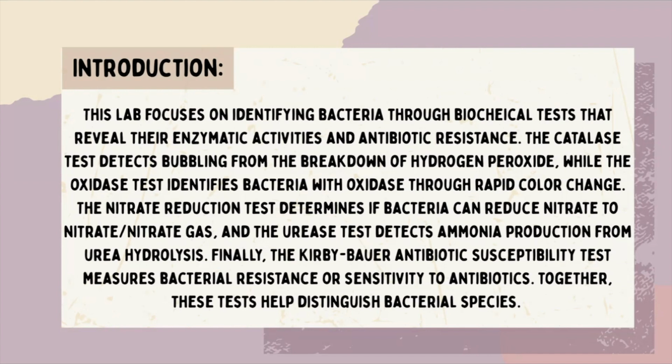The nitrate reduction test determines if bacteria can reduce nitrate to nitrite or nitrogen gas, and the urease test detects ammonia production from urea hydrolysis. Finally, the Kirby-Bauer antibiotic susceptibility test measures bacterial resistance or sensitivity to antibiotics. Together, these tests help distinguish bacterial species.